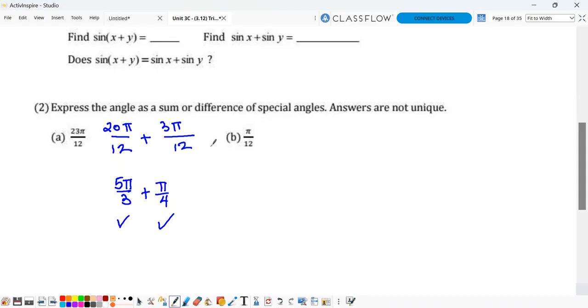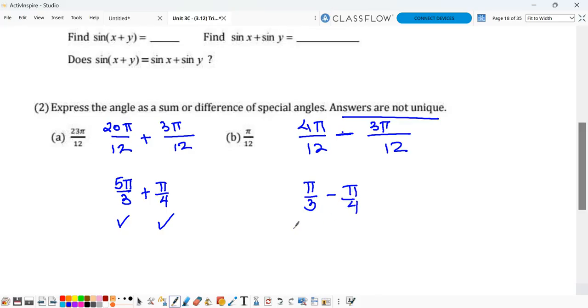Now there are many different ways you can do it, so we can say answers are not unique. Pi over 12 is a small angle, which will tell you that you have to subtract. Let's make it 24. The easiest way to get 23 is, can I say 24 minus 1? Well, let's check. 4 pi over 3, and 3 pi over 12, can I say pi over 4?